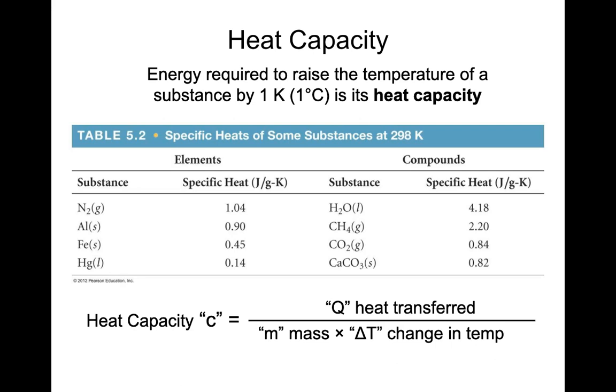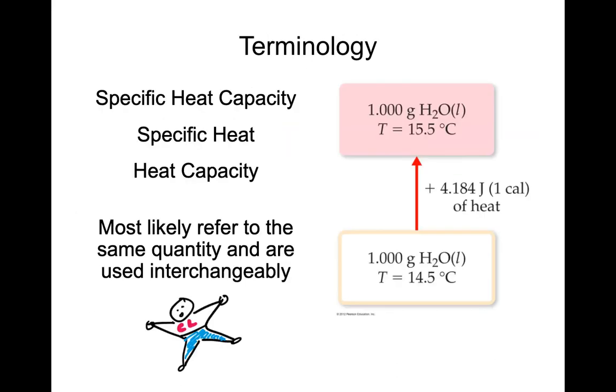This is a concept we've already discussed in class. It's important to understand that specific heat capacity, specific heat, and heat capacity probably refer to the same idea, although technically in chemistry, they might have different aspects to them. In this class, we will use them interchangeably.